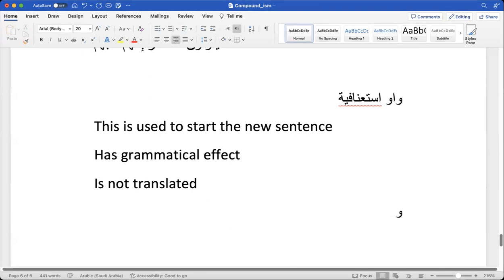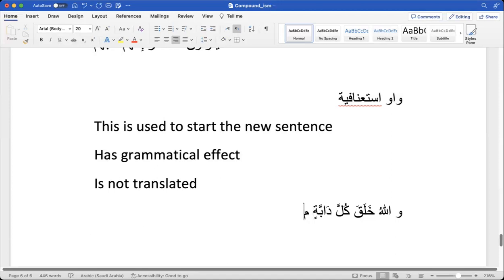Okay, so for example, you might have seen, Allah says, Wallahu khalaqa kulla dabbatin min ma'in.